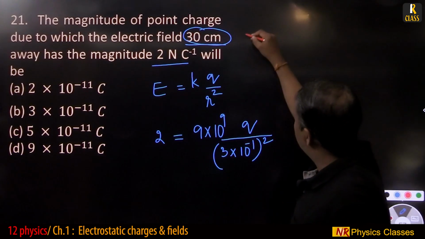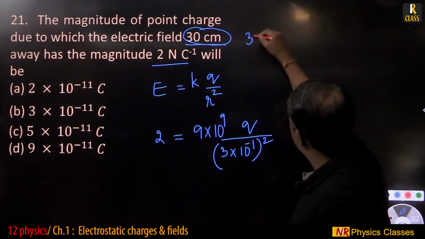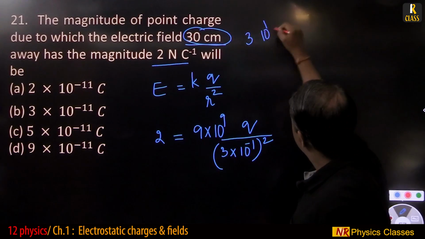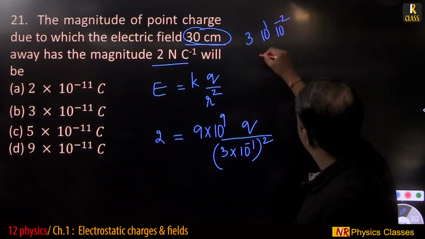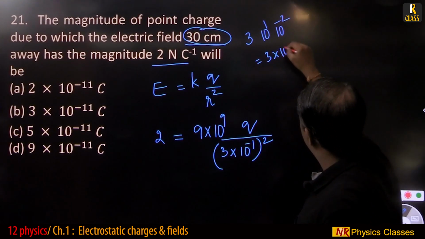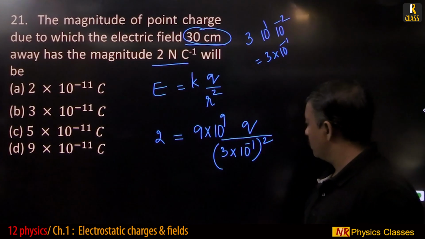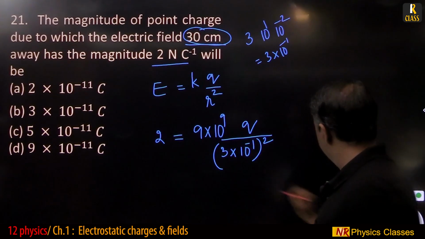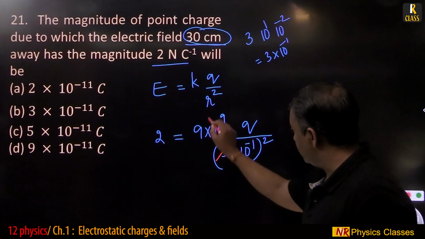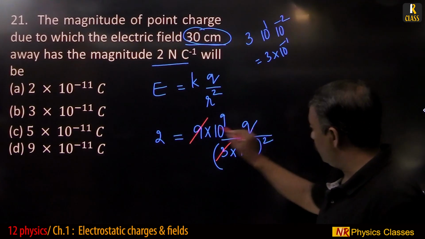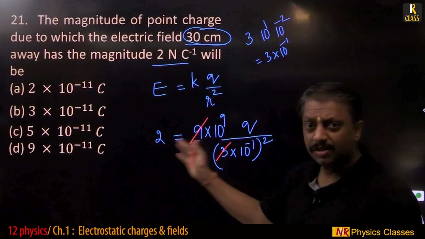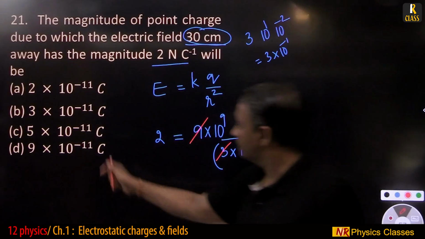Try to write 30 centimeter as 3 into 10 to the power of 1, centi is minus 2. So it is 3 into 10 to the power of minus 1. See, square 3 gets cancelled with this. So q is 2 with some 10 power.